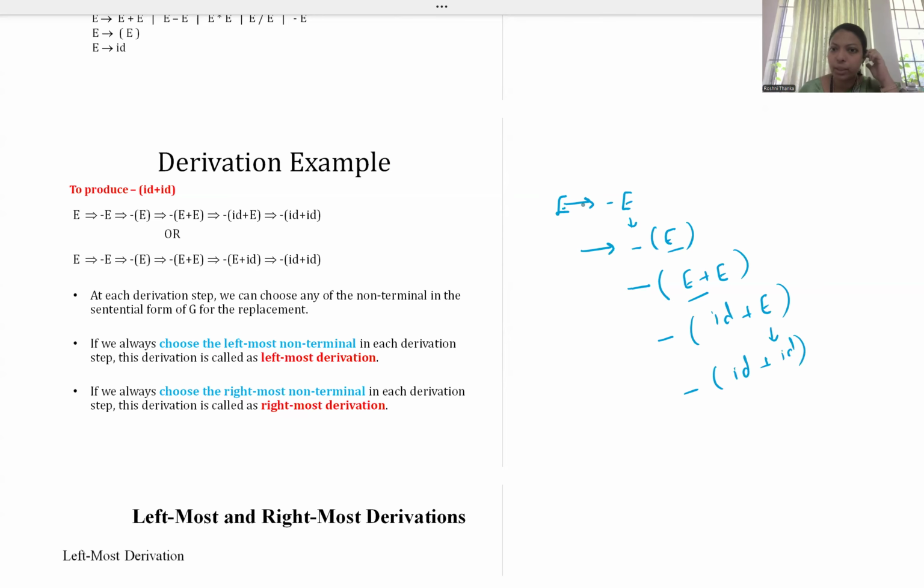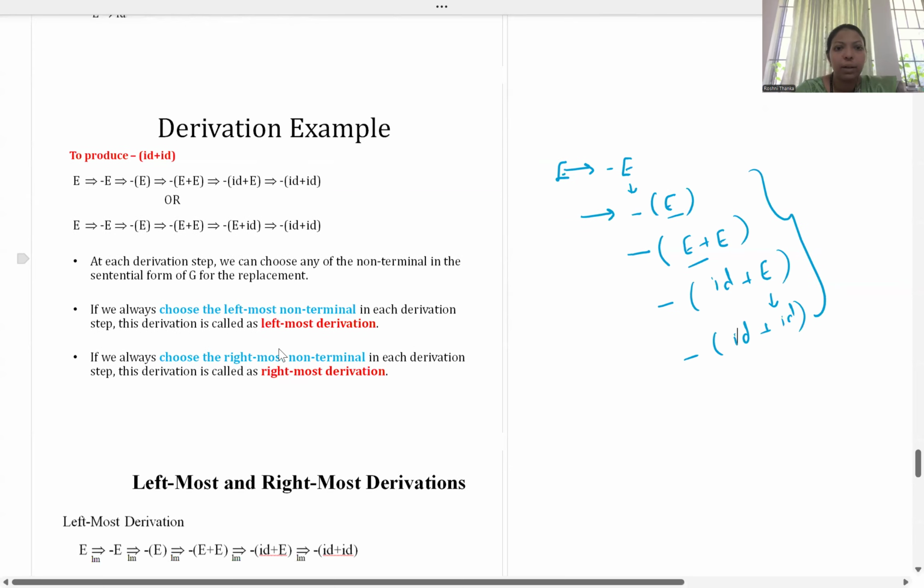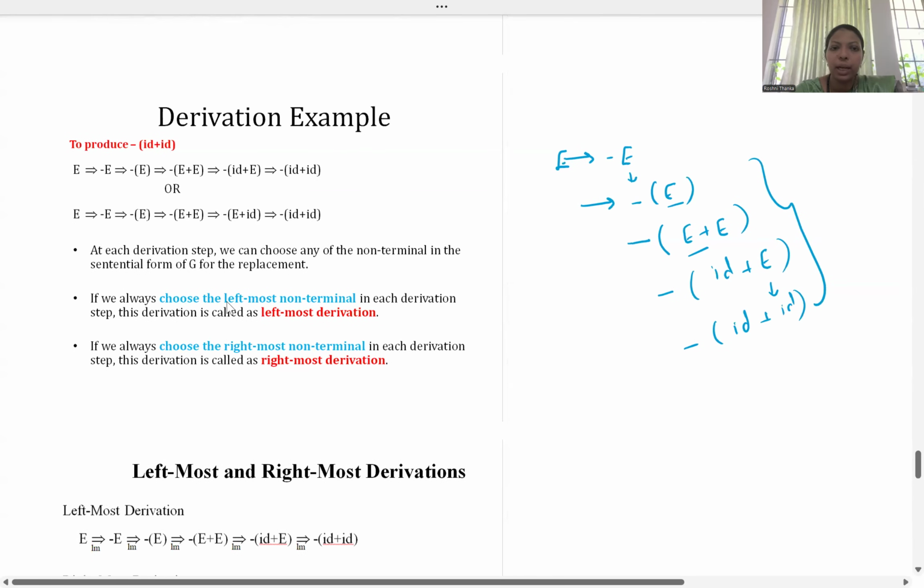I have already told you that when I do the derivation, I can do it in two ways. One is leftmost derivation, deriving from the leftmost non-terminal, or deriving from the rightmost non-terminal. If you are doing a top-down approach, then we will mostly be using the leftmost derivation. If you are going bottom-up, that is the LR parser, then we go for the rightmost approach.